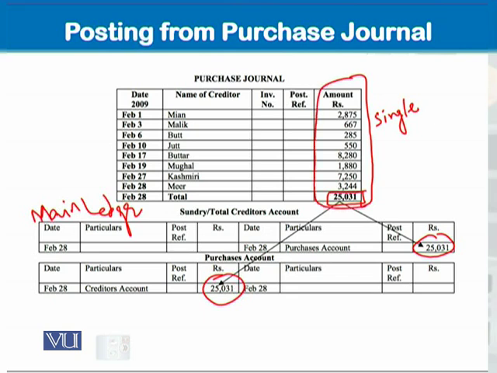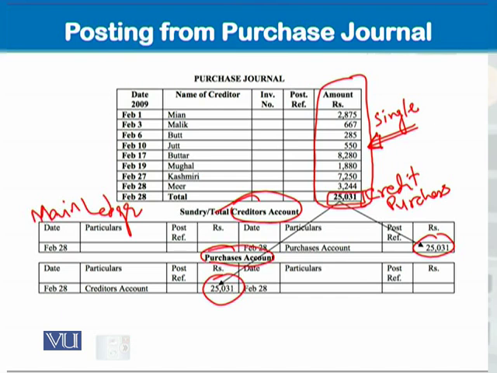Because we wanted to save our time of maintaining books of original entries. That's why only a single effect was recorded. But we know very well that behind this figure, which is of credit purchases, there are two accounting heads. One is the creditors account, which is our liability, and the second one is the purchases account, which is our expense.